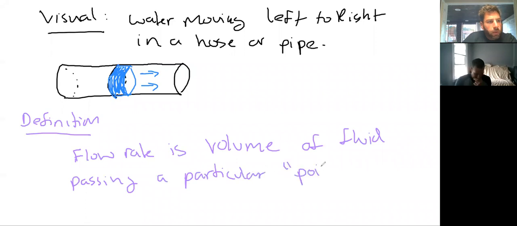Now I'm going to put the word point in quotations because I'm using it in this colloquial way. I don't necessarily mean a dot on the paper. I just mean a spot in the universe. So maybe you can think about the point in quotations as like, say, this red line right here. So when we say flow rate, what we mean is the volume of that fluid that's passing a particular point per unit time.